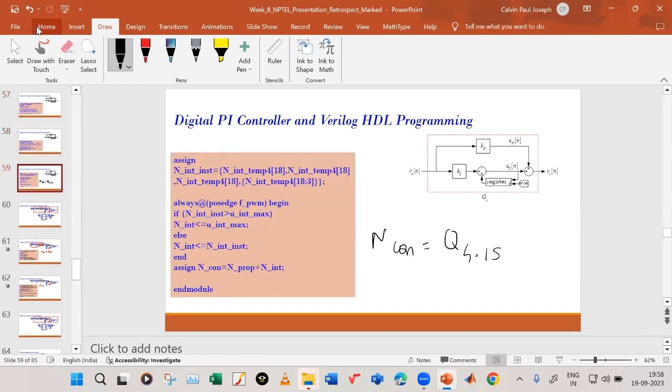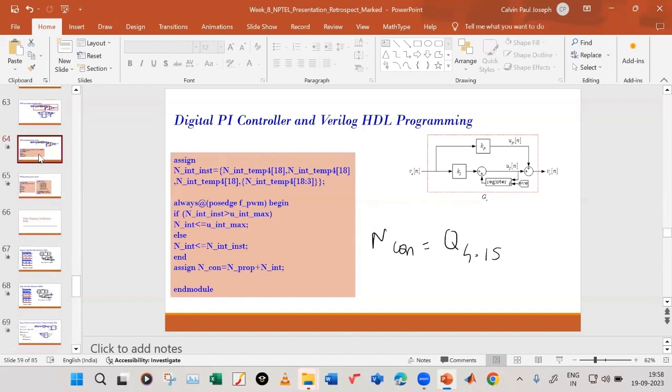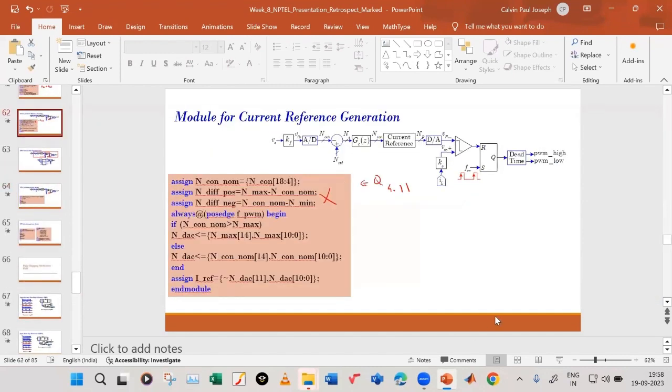My NCON is of the form Q4.15. Now I go over here. What's this?